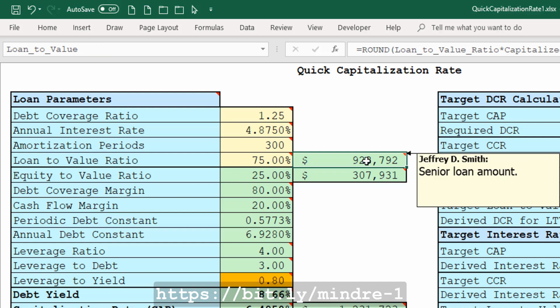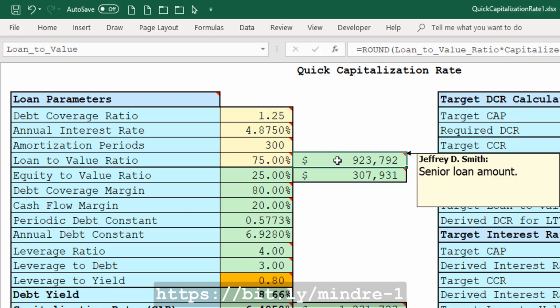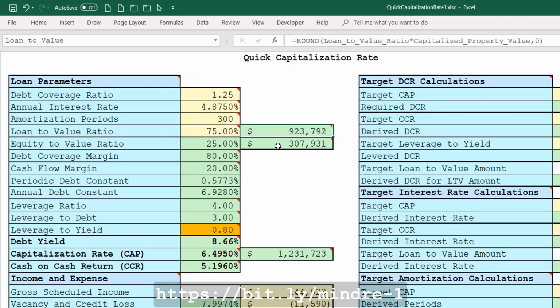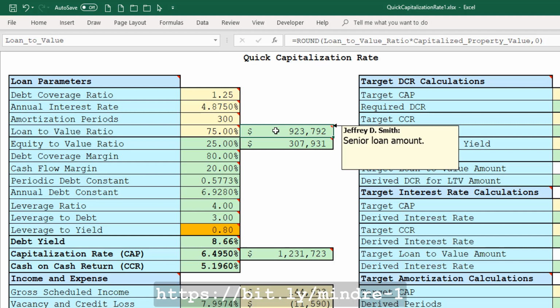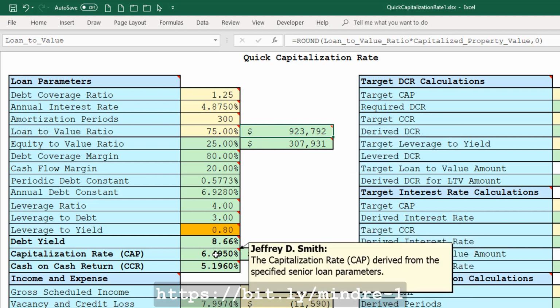Now this is an interesting aspect, is that the loan to value ratio does not matter for the loan amount. It only matters for the capitalized property value, because the loan amount is determined by the debt yield, not the cap rate.